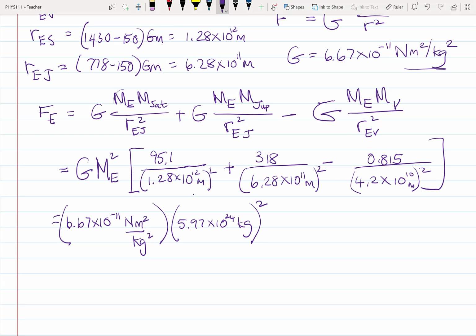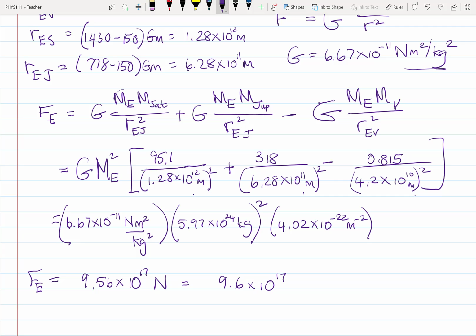And finally, all of these numbers work out to be 4.02 times an incredibly small 10 to the minus 22 meters to the power of minus 2. Or we've got the whole thing then, if we've done our calculation correctly, is 9.56 times 10 to the power of 17 newtons, or to the correct number of significant digits, that's 10 to the 17 newtons. That is the answer.